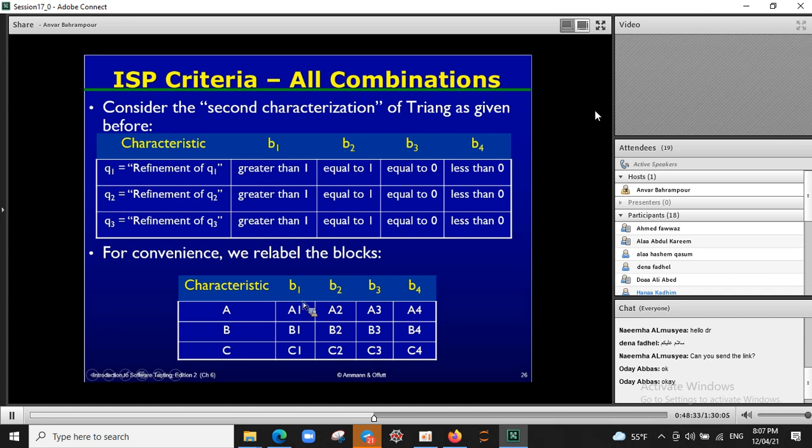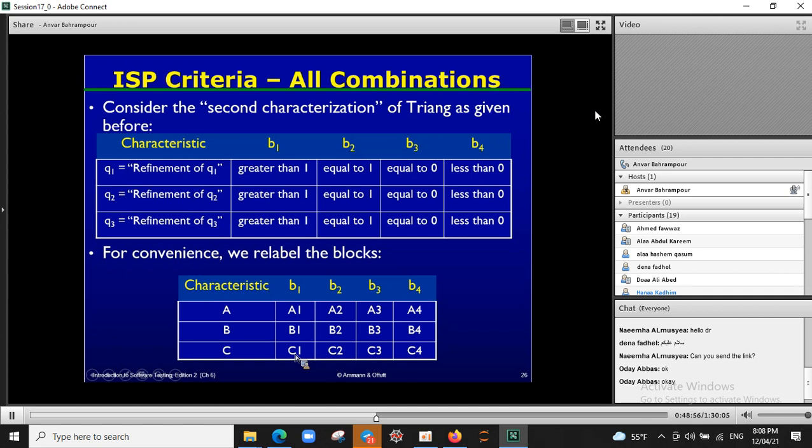So when we define the first test case as this combination, we also test one value from the A1 block, one from the B1 block, and one value from C1.